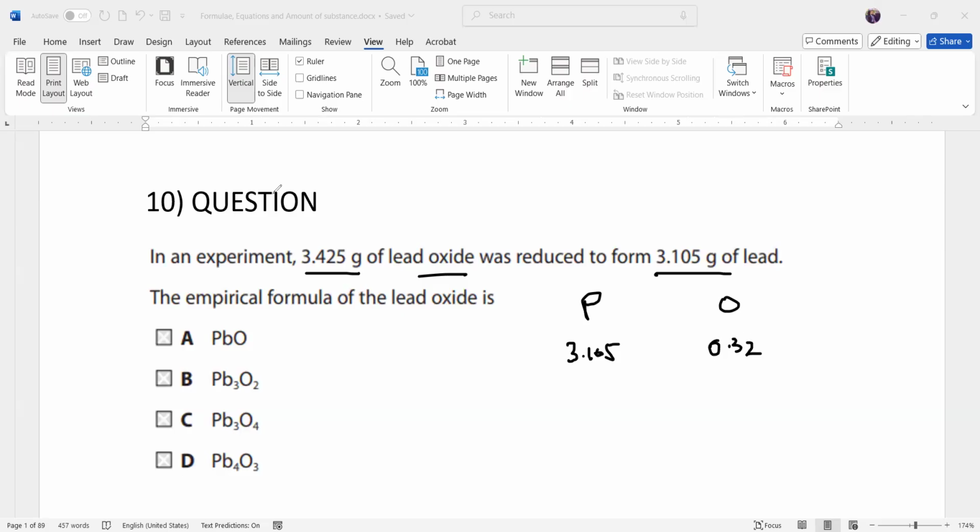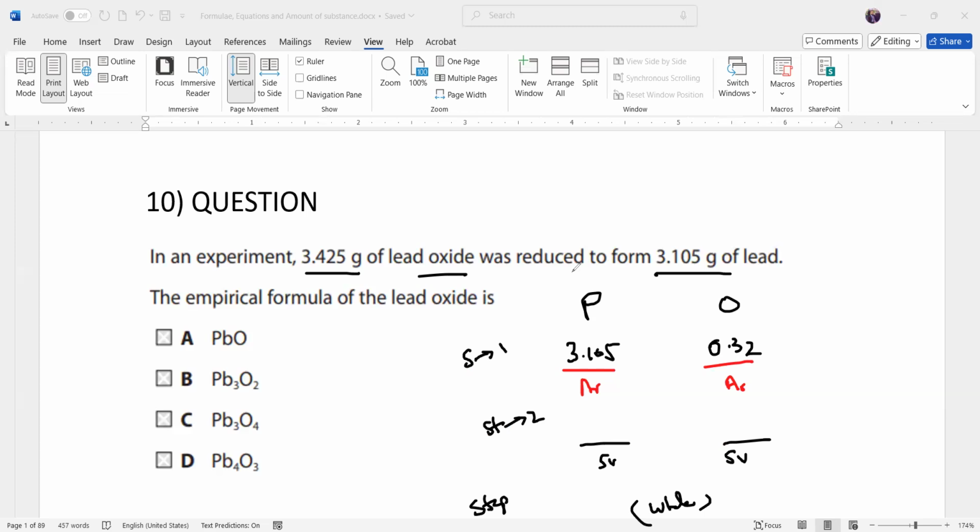So 0.32 is oxygen. What is the way of finding the empirical formula? Divide by atomic mass. So first, using a periodic table, we divide this by the atomic mass of lead, and we divide by the atomic mass of oxygen. That is step 1. Step 2, we divide by the smallest value in the combination. In step 3, we make the simplest ratio in whole numbers.